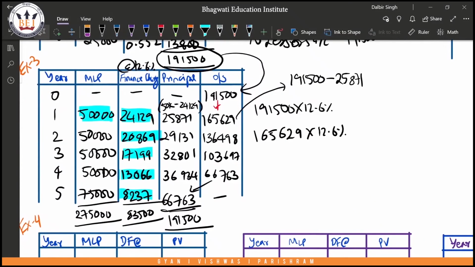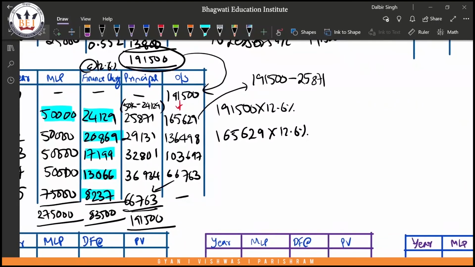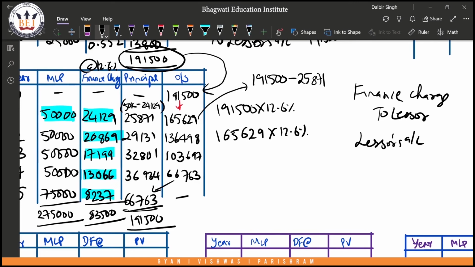First entry is finance charge to lessor. Next entry is what? Lessor's account debit to bank account, and then P&L to finance charge. Yes, these are the entries we had written.